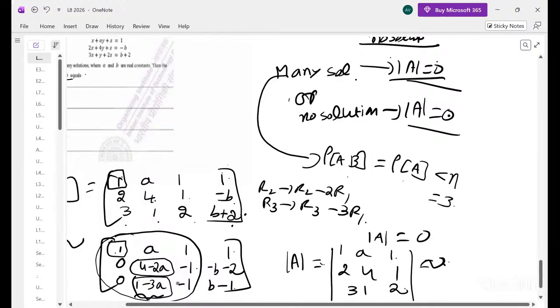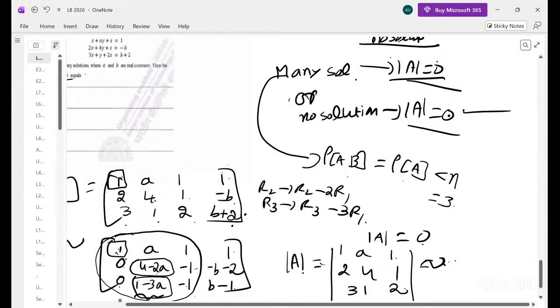So from here, you can find the determinant and equate it to 0. It is easy to find the determinant using this because of AD minus BC, plus minus plus. So apply this.